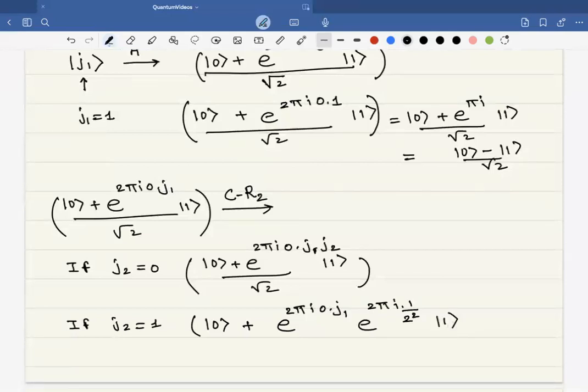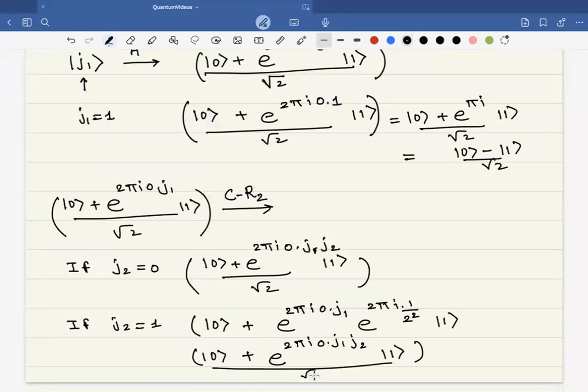And so therefore, I can write this as ket 0 plus e to the 2 pi I 0.j1, and I can add this j2 over here.